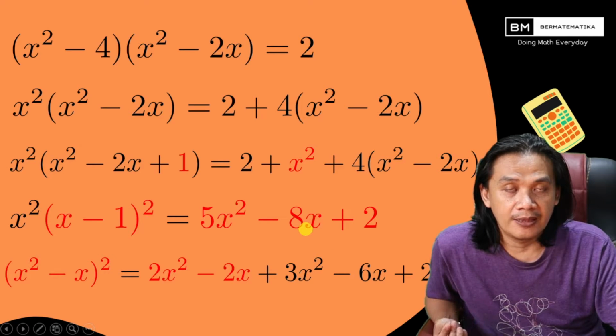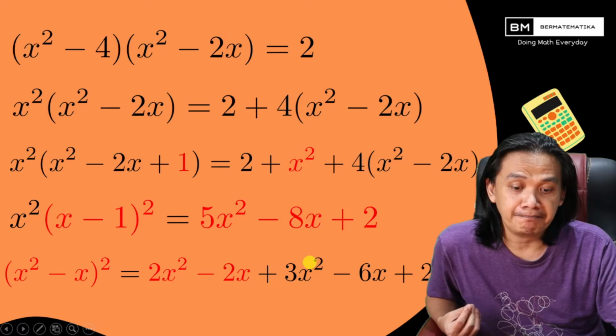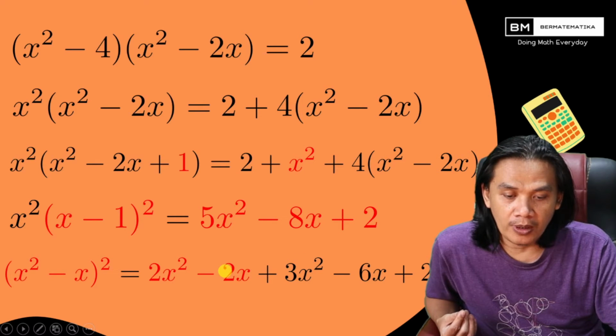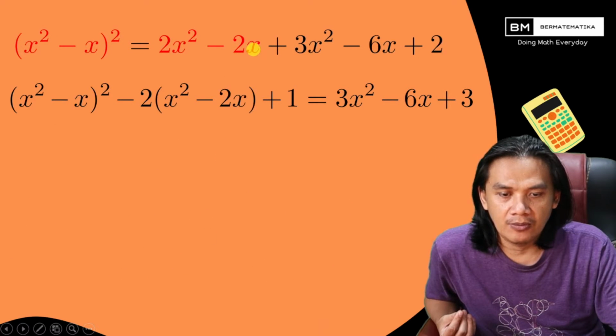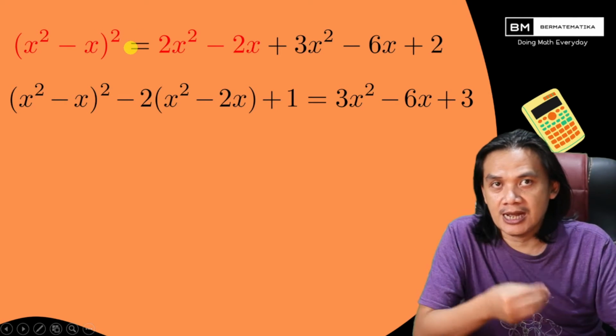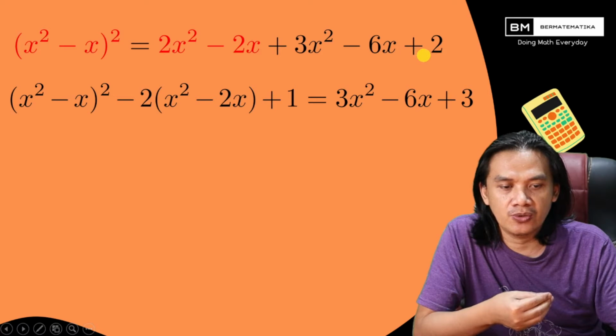So this tells us that the right hand side is still the same, right? Now we move these red terms to the left hand side. Okay, we move it to the left hand side, and then we add 1 to both sides of the equation. So this 2 will change into 3, right?